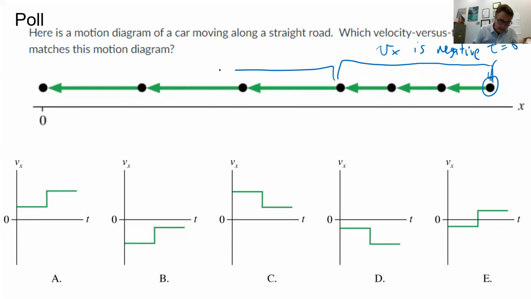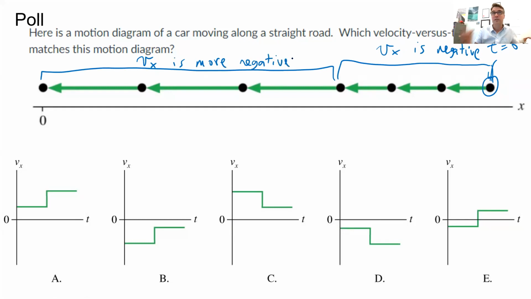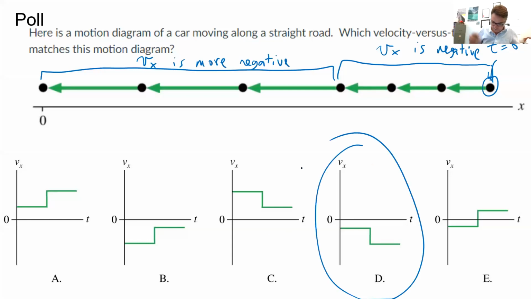And for the next same amount of time, Vx is more negative. It gets faster. Faster means the absolute value increases, but it's negative, so it gets more negative. The only one that does that is answer D. Sounds good.